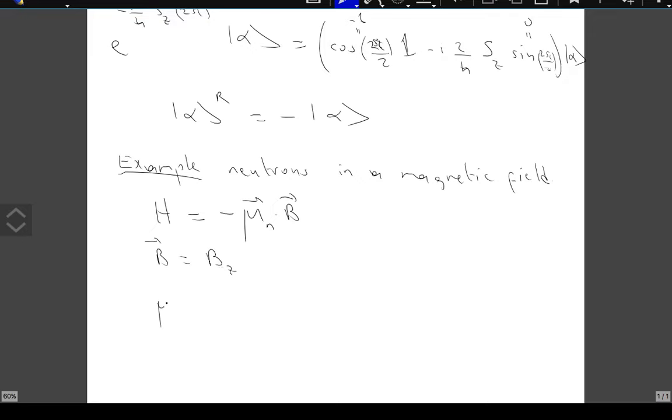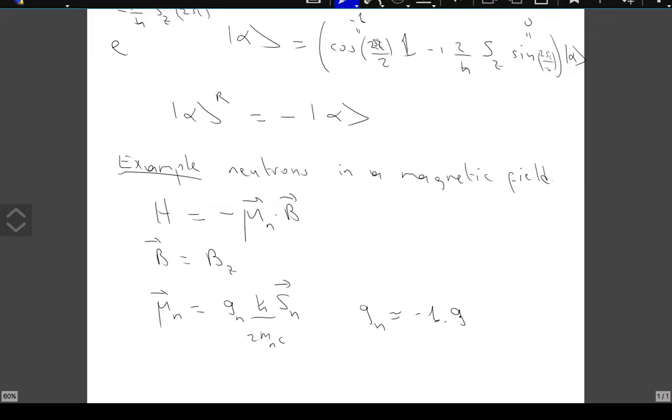And the magnetic moment of the neutron will be proportional to its spin, with a proportionality constant given by, let's say, Gn h bar over 2 m neutron times c. And for the neutron, Gn turns out to be something like minus 1.929, around that number.